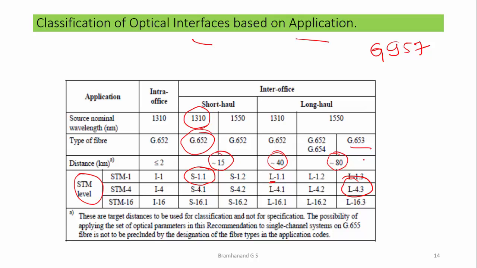So if my laser specification is L-4.3, it means that my laser can be used for long haul, it can be used for STM4, it can be used with G653 cable, and within the 1550 nanometer range.